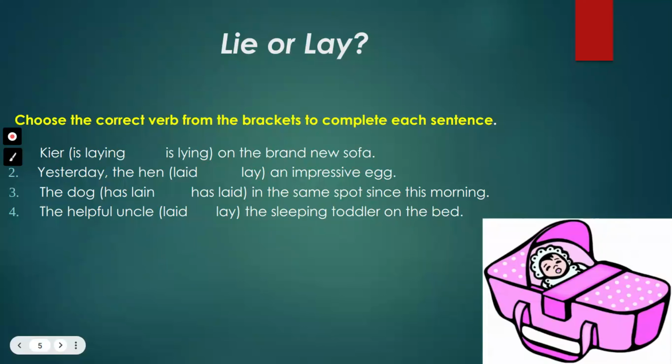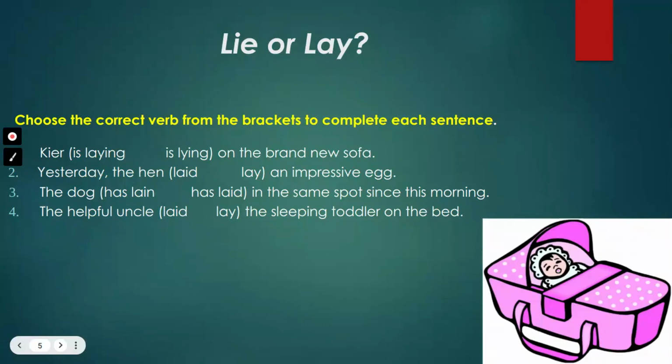Number three, the dog has lain or has laid in the same spot since this morning. So we're looking at the verb to lie again, the one with the meaning to be in a horizontal position on a supporting surface. Now, do you remember what is the past participle of that verb?